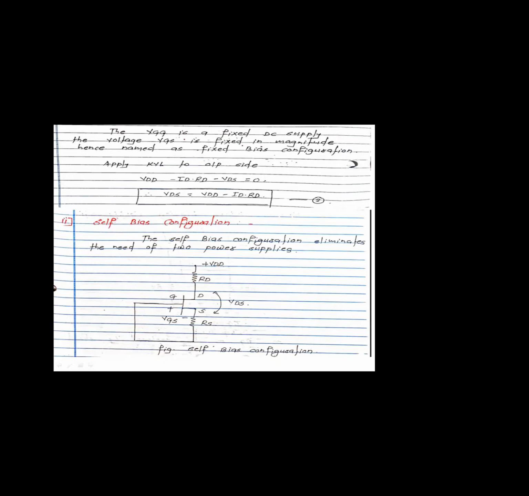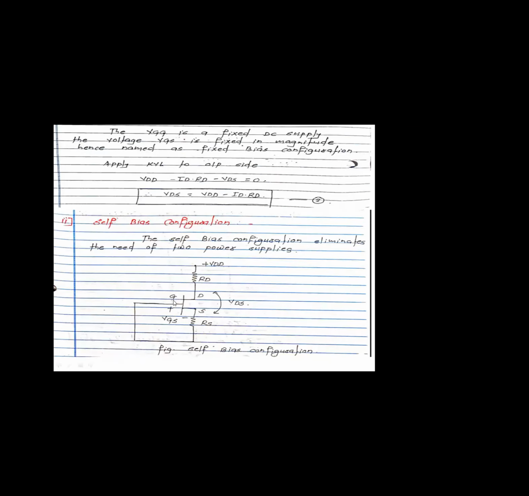See the figure of self-bias configuration. We know that in that case, we apply the KVL between input as well as output. When we apply it to the input side, start with VGS, minus VGS here, minus IS into RS, because plus is here, minus is here.